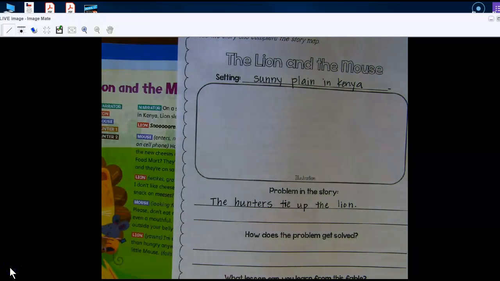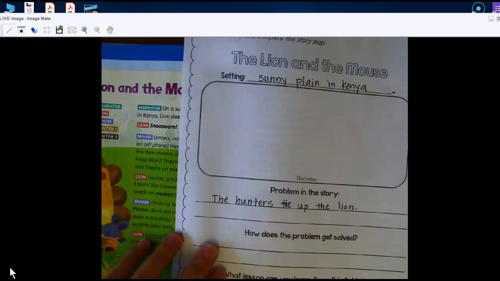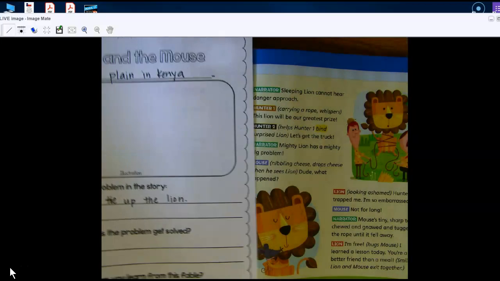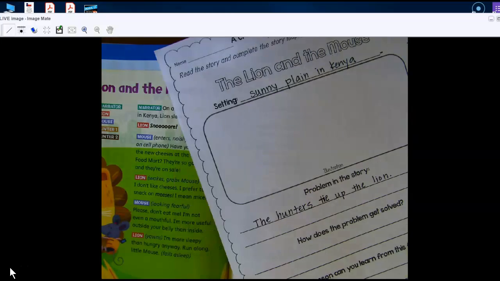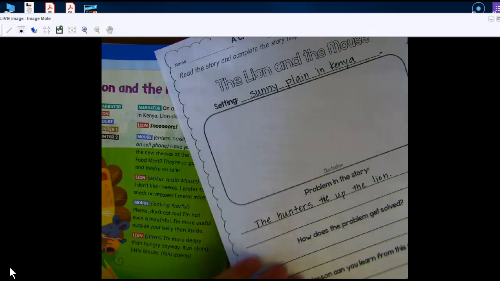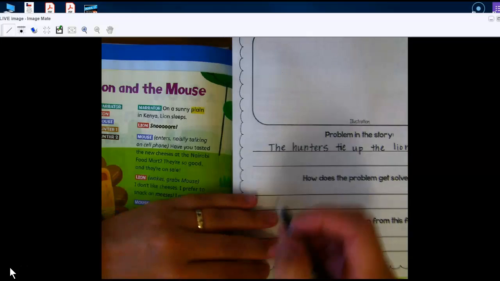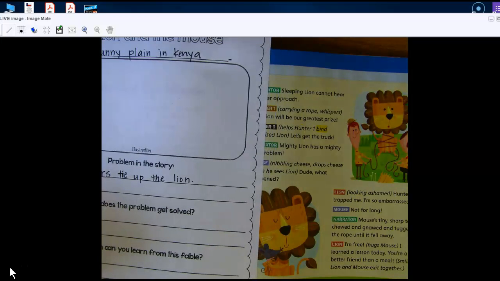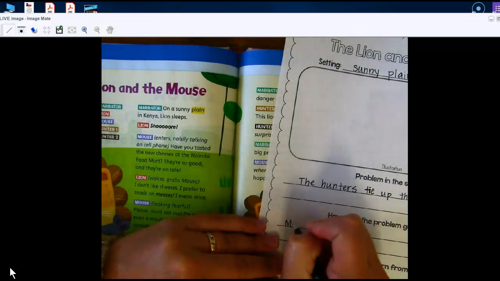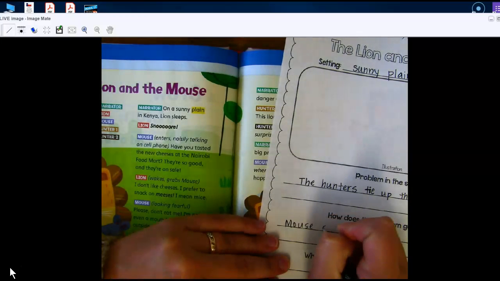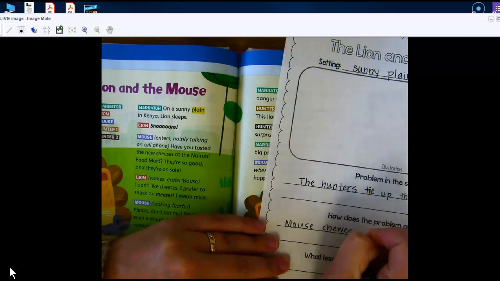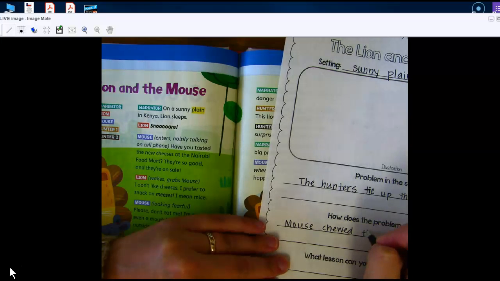All right. How does the problem get solved? How do they fix the problem? What happened? How did they fix it, Emma? He didn't untie him. What did he do? Yeah, mouse chewed through the rope.